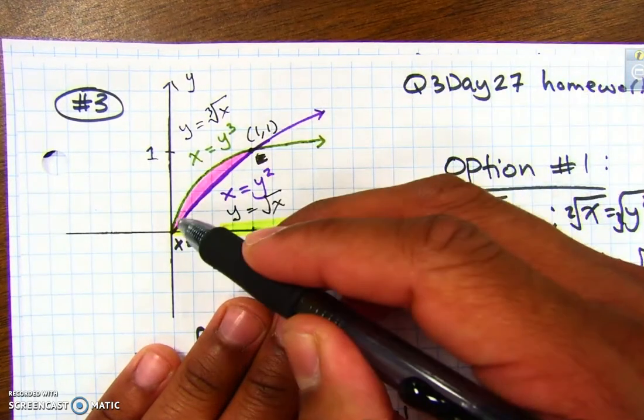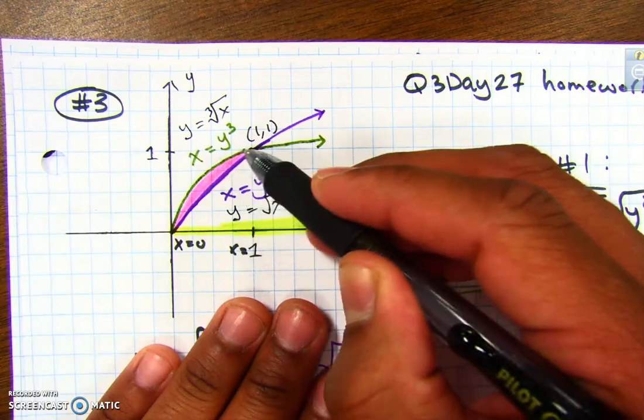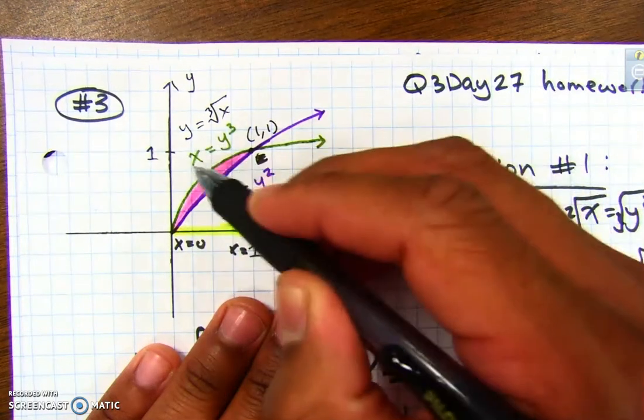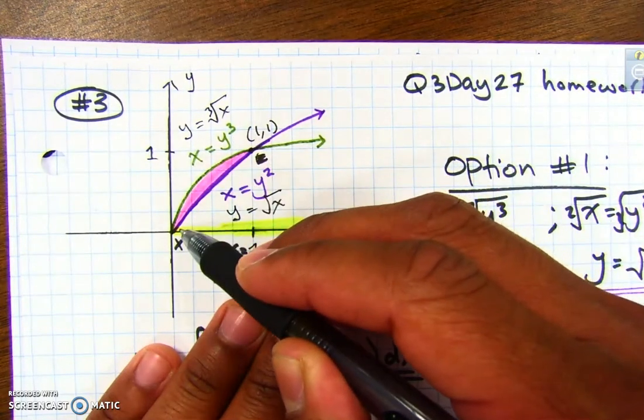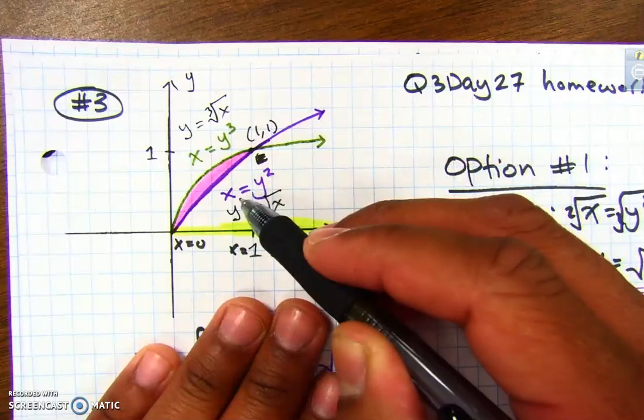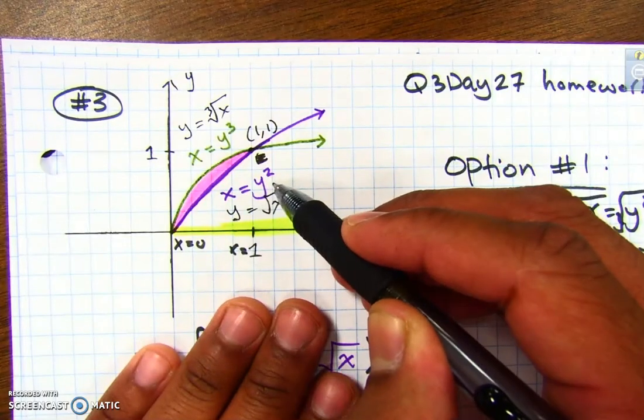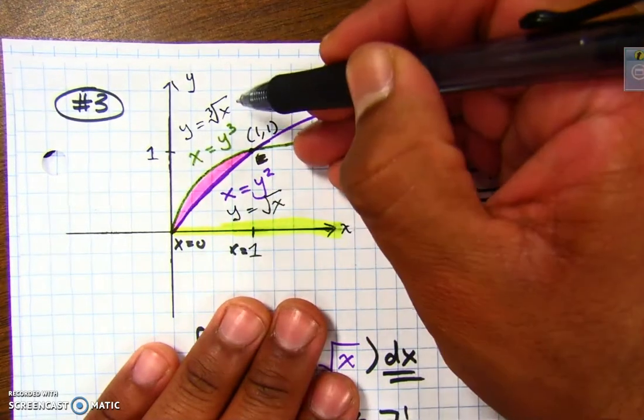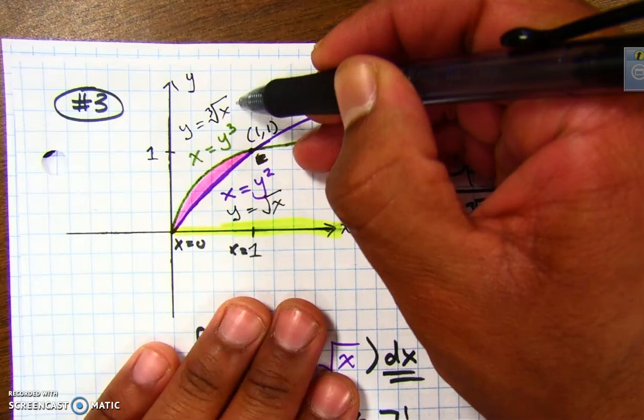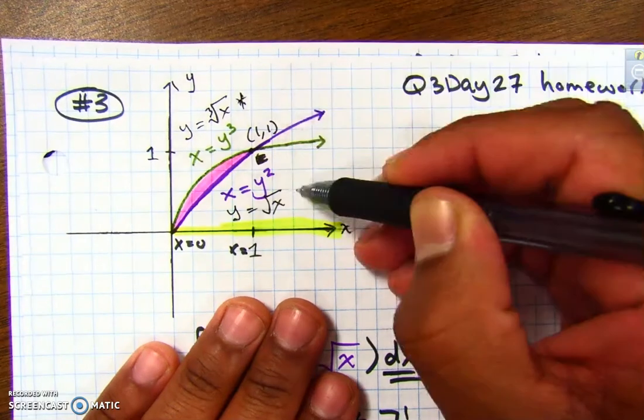So if you want to use this graph, although your book labels it as x equals y cubed, and the purple graph as x equals y squared, go ahead and type this function and that function into your graphing calculator.